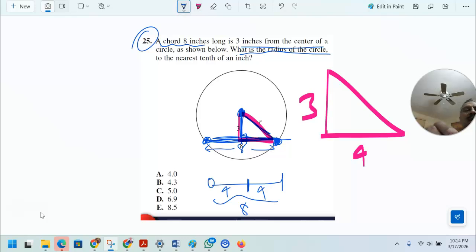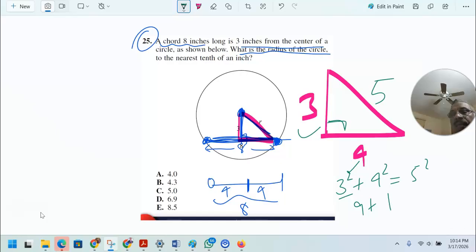By the Pythagorean triple, you already know that if there is 3 and 4, this has to be 5. You may be thinking this is a Pythagorean triple because 3 squared plus 4 squared is 5 squared, because 3 squared is 9 and 16 plus 9 is 25. And really you get 25 equals 25 and you're done.